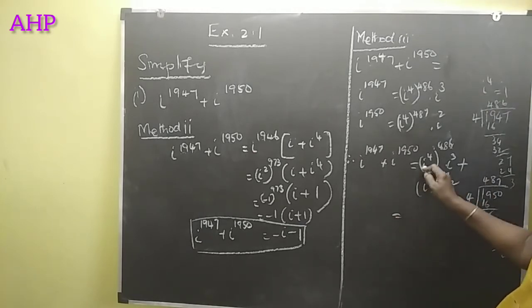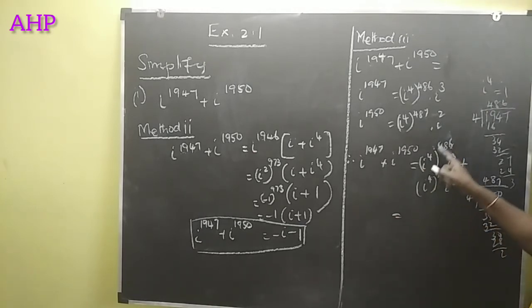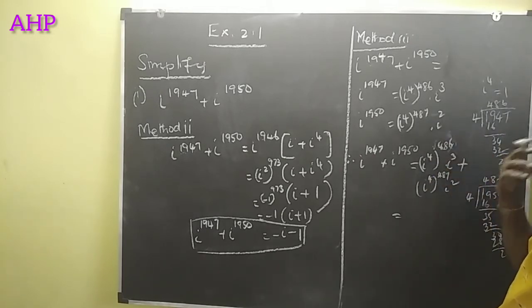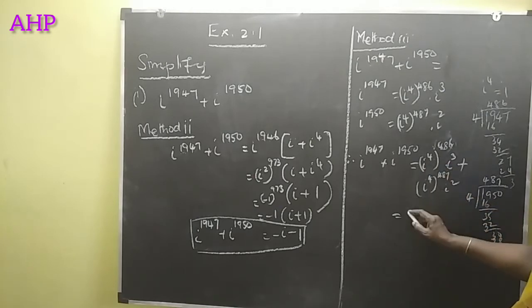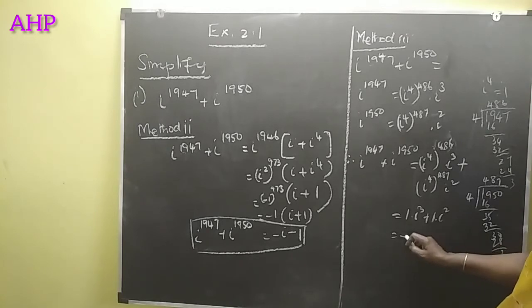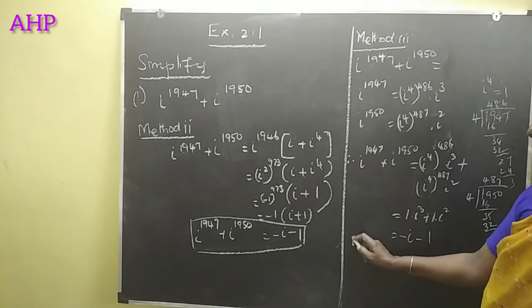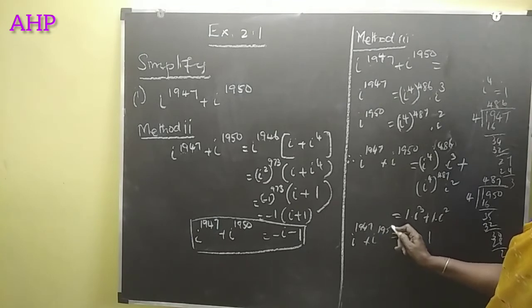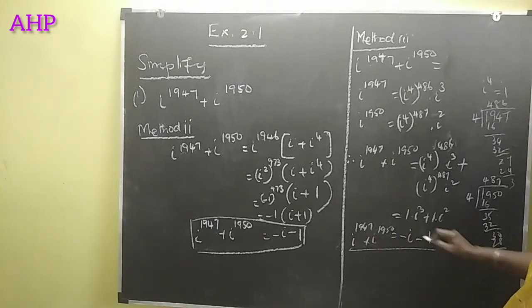Now i^4 is 1, so 1 raised to the power 486 is 1. 1 raised to any power is only 1. So this is going to be 1 into i cube plus 1 into i square. So i cube value is minus i, i square value is minus 1. Therefore i^1947 plus i^1950 is equal to minus i minus 1.